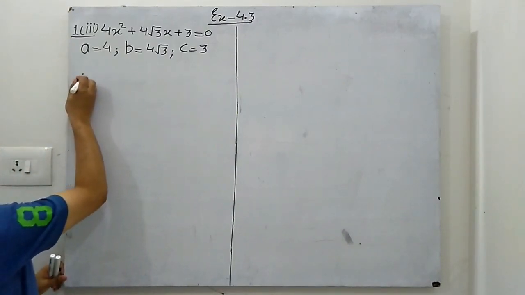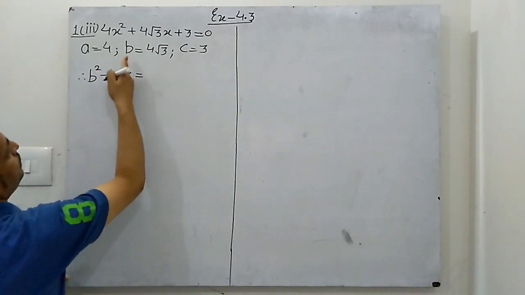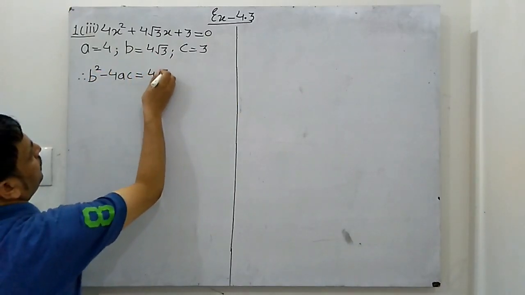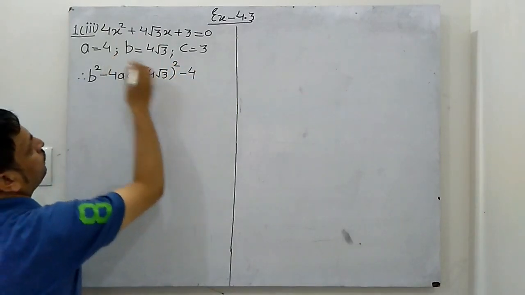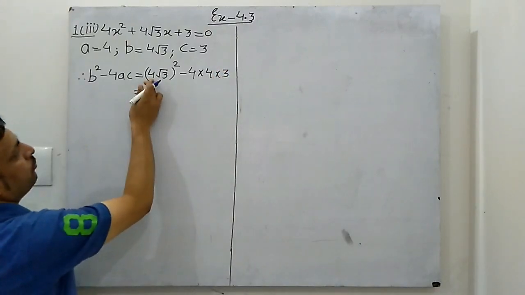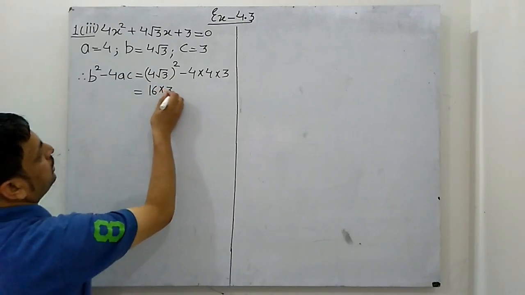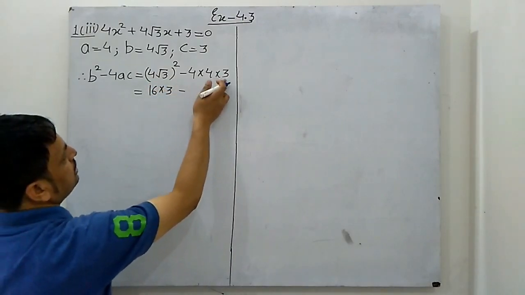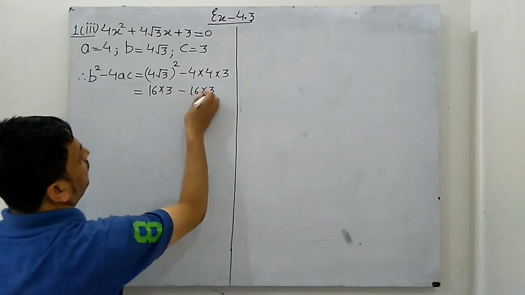So b square minus 4ac: b square, that means square of b, 4 root 3 square, minus 4 into a and c. Square of 4 is 16 and square of root 3 is 3. Minus 4 4s are 16 into 3.